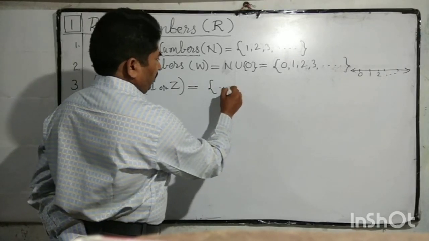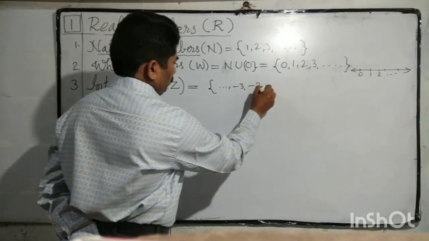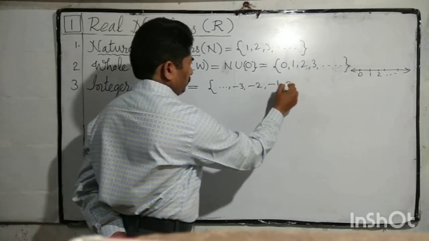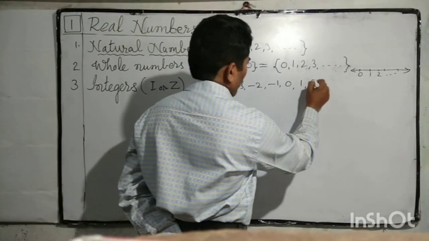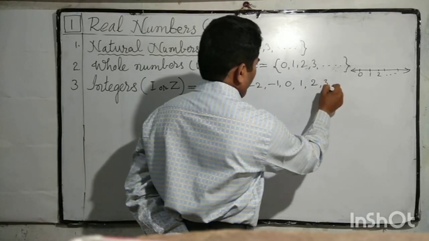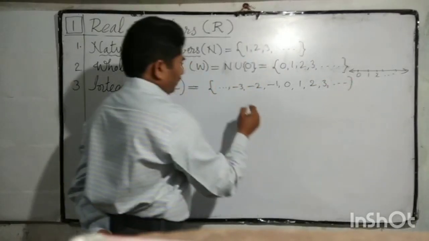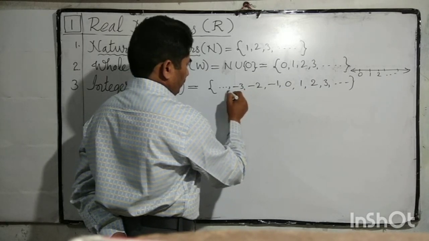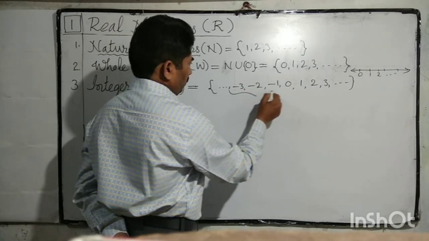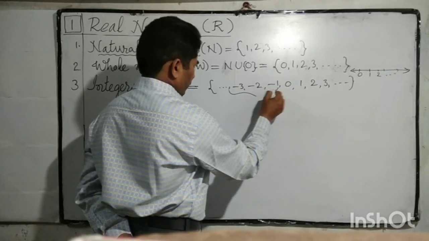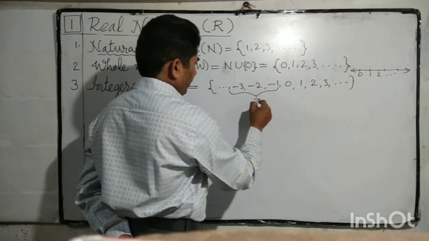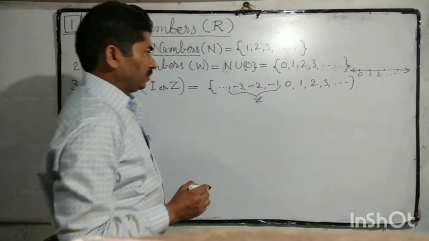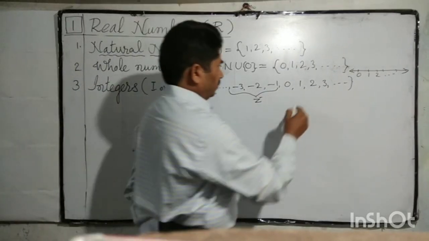The set is minus 3, minus 2, minus 1, 0, 1, 2, 3 and so on. Minus 3, minus 2, minus 1 are negative numbers, Z minus.